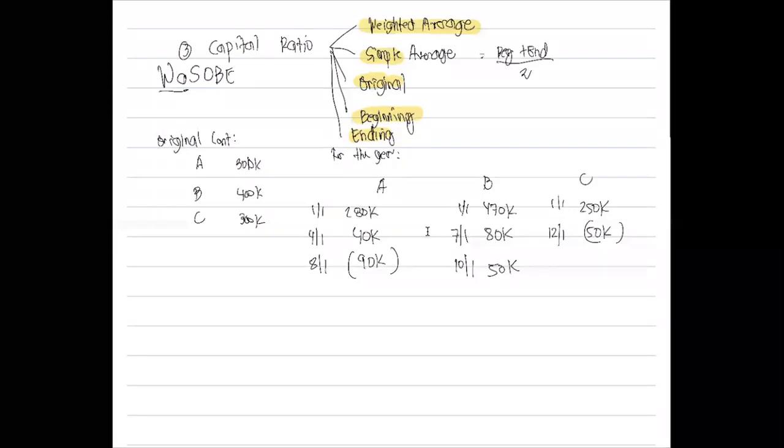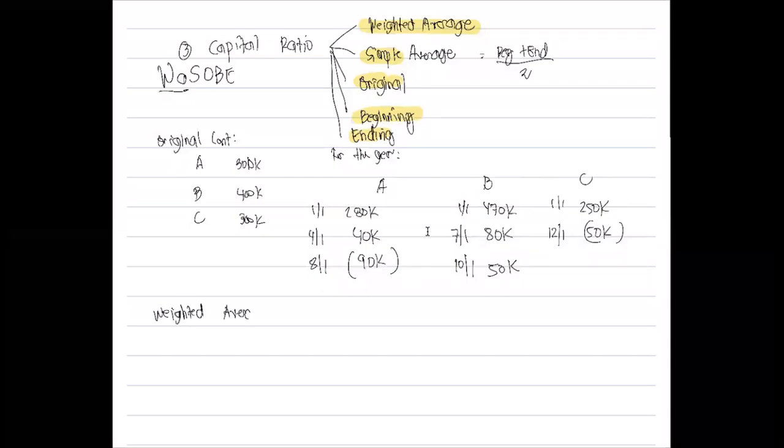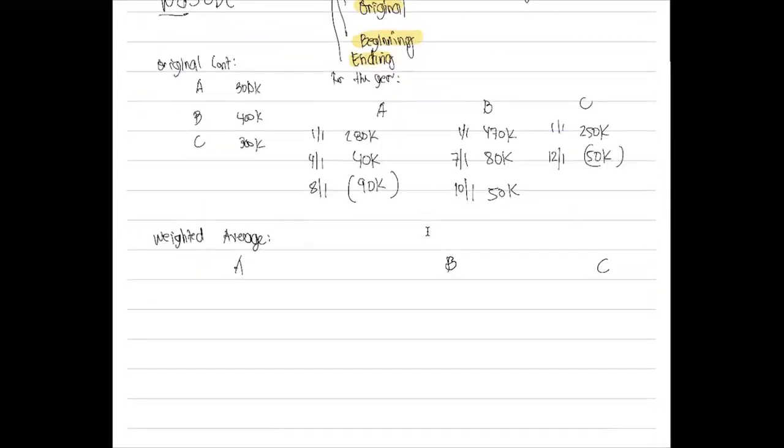So to compute for your weighted average, we have your A, B, and C. We have your January 1, we have 280,000. We just multiply it to the months outstanding. So from January 1 to December 31, how many months? 12 months.